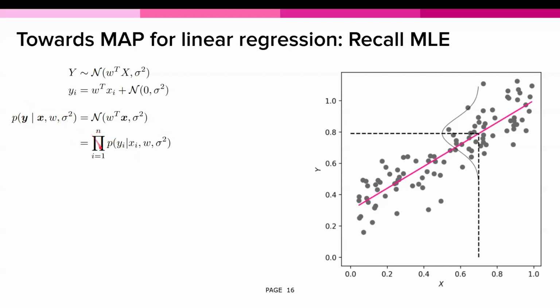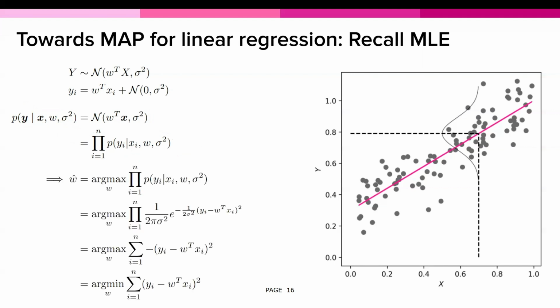Our goal with MLE was to maximize this likelihood, which was the same as finding the set of parameters that make the observed data most probable under the model. I'm not going to go through this again, but it turned out that through MLE, we recovered the minimum least squares objective to obtain a point estimate for the parameter vector that we could use in subsequent predictions. So least squares can be derived through MLE by assuming normally distributed errors.